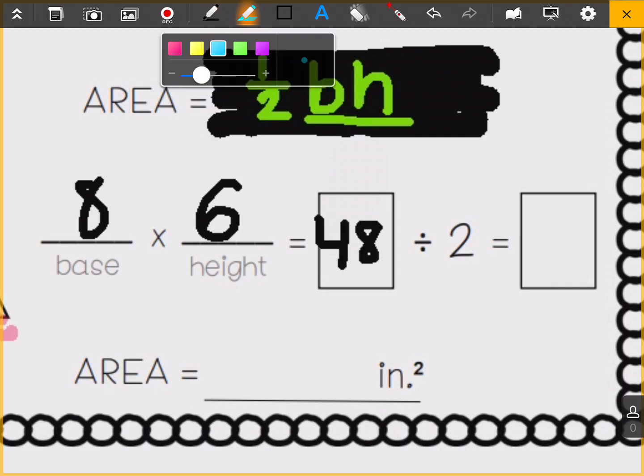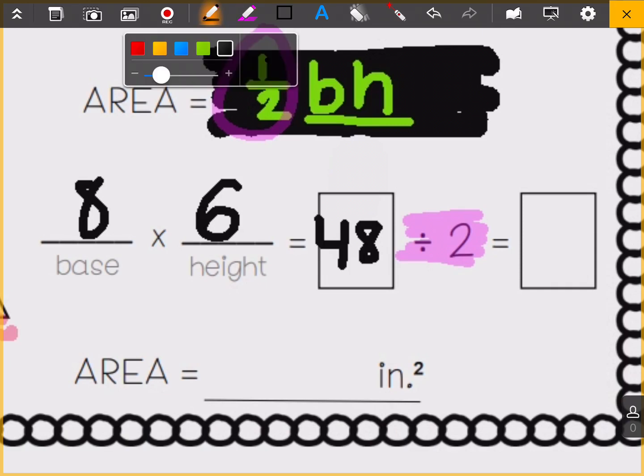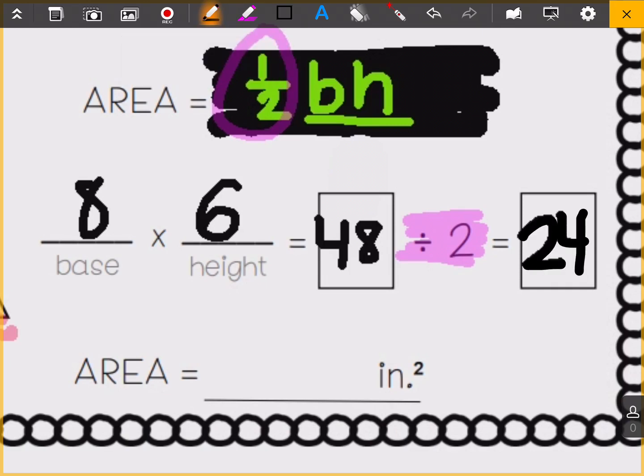Here's the most important part, and do not forget to divide by 2 because it is a triangle formula. We have that 1/2. So we're going to divide by 2, and that gives us an answer of 24. So the area for the given example would be 24 inches squared. Again, we did inches times inches, so that gives us that squared value at the end.